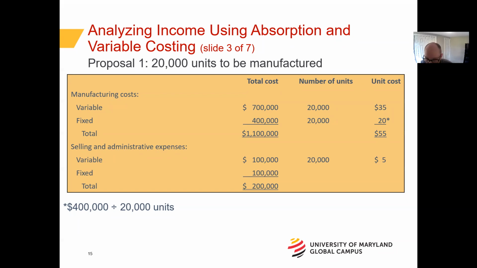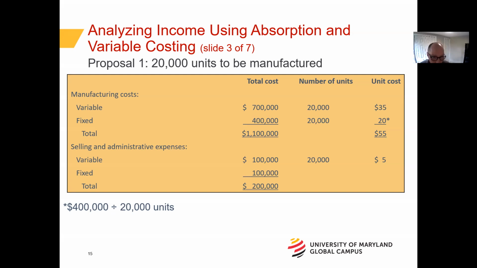Makes perfect sense, right? You guys know how to do that. So the total cost of a single unit is $55, variable plus fixed, right? Of course. And our total manufacturing cost is $1.1 million, variable plus fixed, $700,000 plus $400,000, $1.1 million.